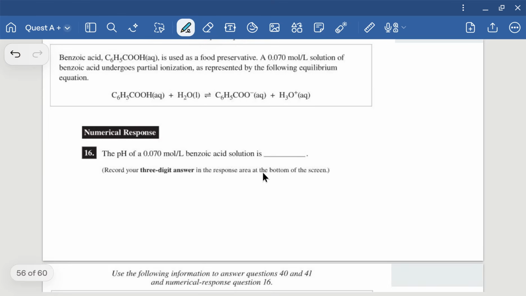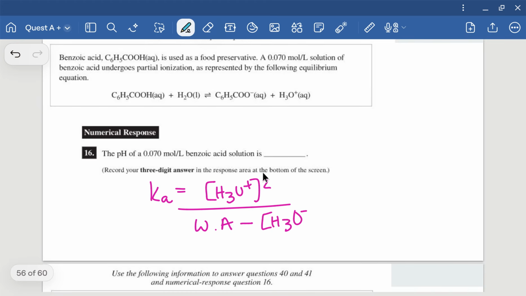41, this is number 16. We're looking to find the pH of the solution. It is a weak acid, so you have to use the Ka formula, which is the hydronium ion concentration squared divided by your weak acid minus hydronium. If you are finding hydronium, you can ignore this in the denominator.